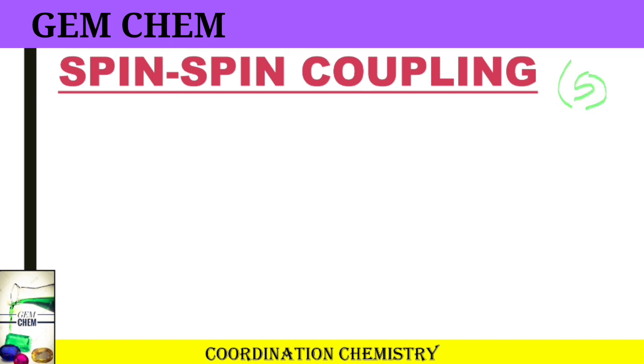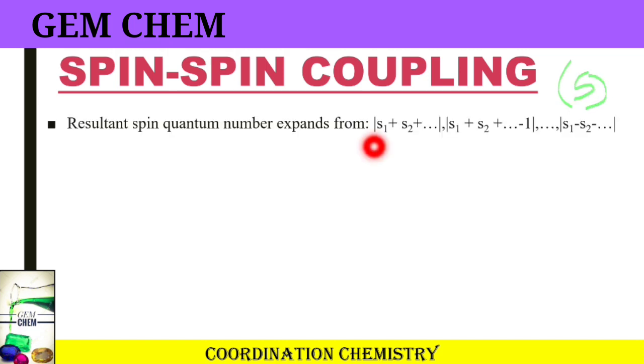What is the range of this quantum number? The range is from the summation of the whole number of spins present, S1, S2, and so on, down by decrements to the lowest value. That is, we will consider all the ways of electrons to be arranged in a particular configuration. Once we deal with an example, it will be easy for you to understand what is meant by spin-spin coupling.